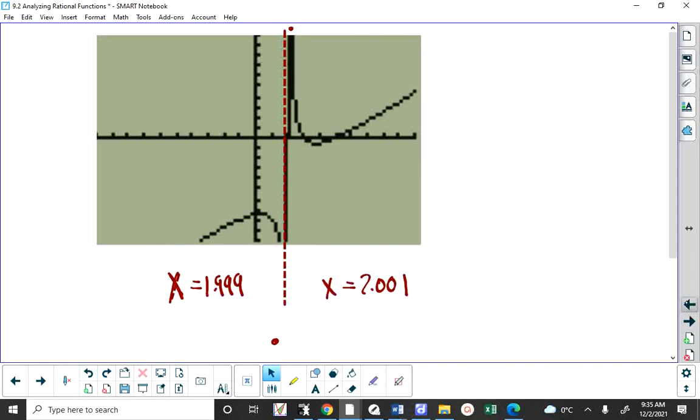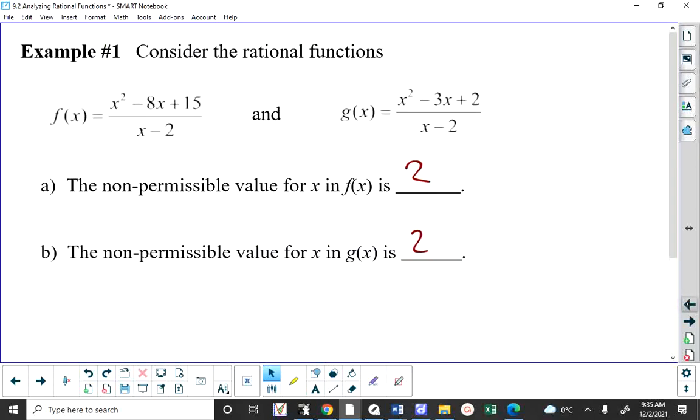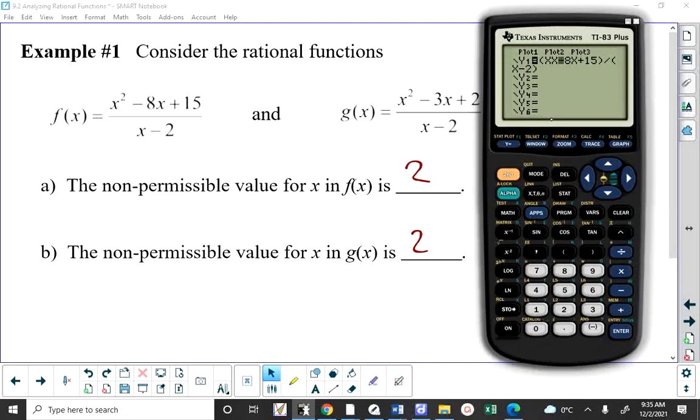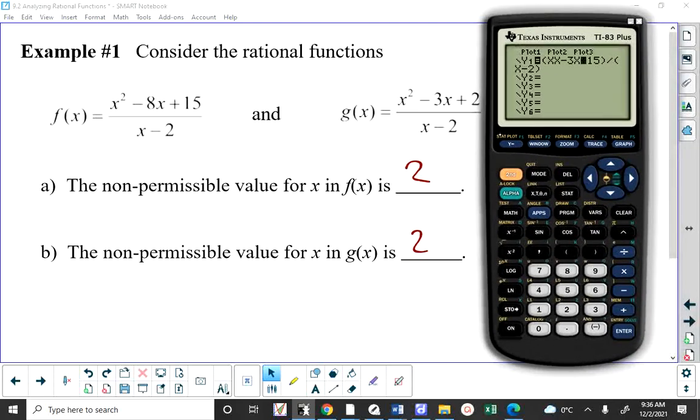Okay. So now we're going to plot g of x. And it is x squared minus 3x plus 2 over x minus 2.